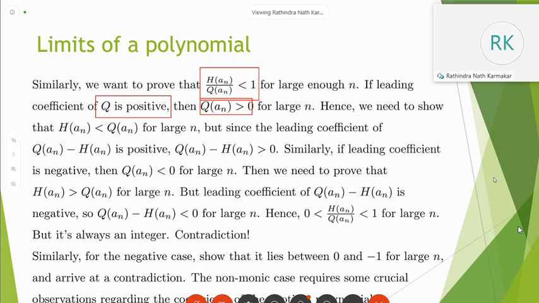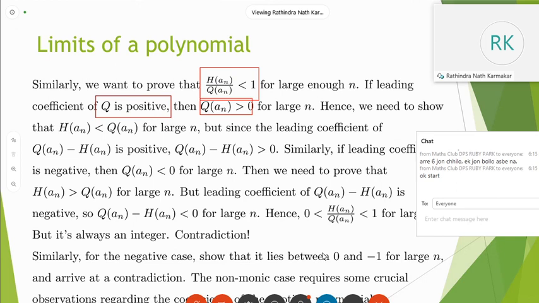So I'll write down the rigorous argument in the chat. That is, there is a y such that q of x is greater than 0 for x greater than or equal to y.